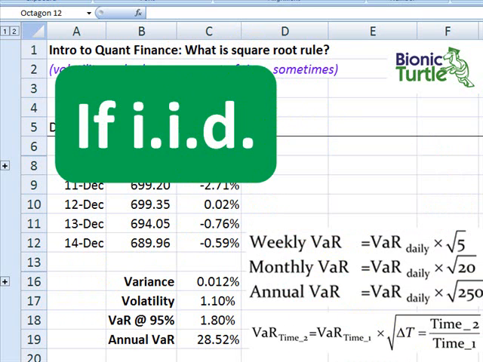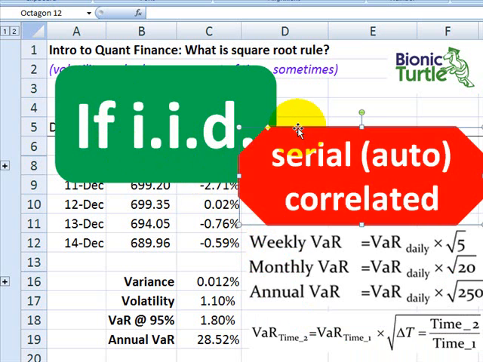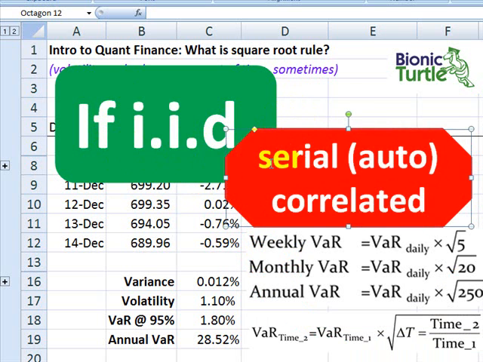Now the other one is independence. That's one of these I's in here. That would be broken. Independence implies that the covariance between periodic returns from period to period would equal 0. So my period return today is uncorrelated with my period return tomorrow. Well, if they are correlated, there's serial correlation or autocorrelation, and I like to colloquially say that volatility is sticky.